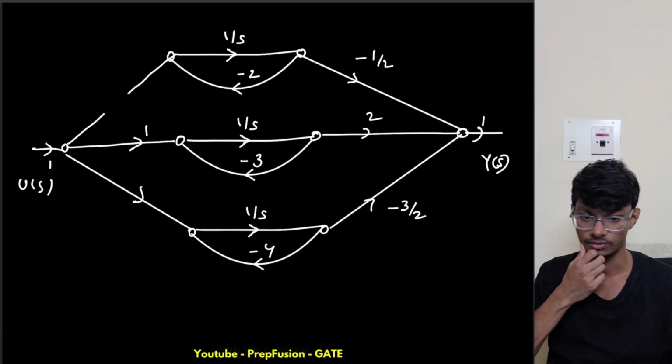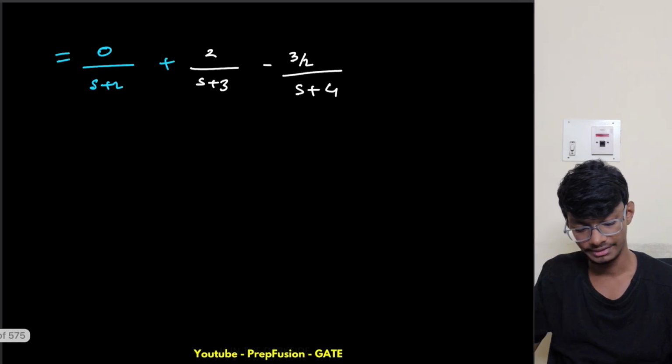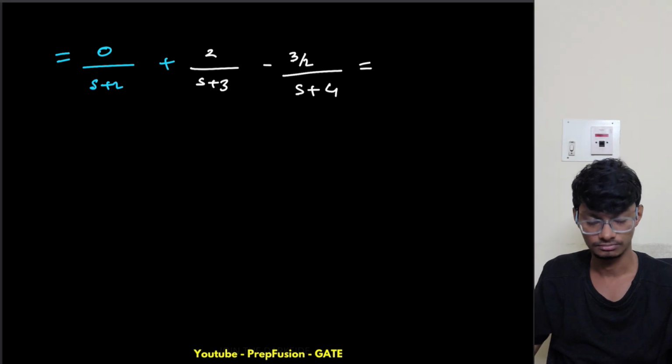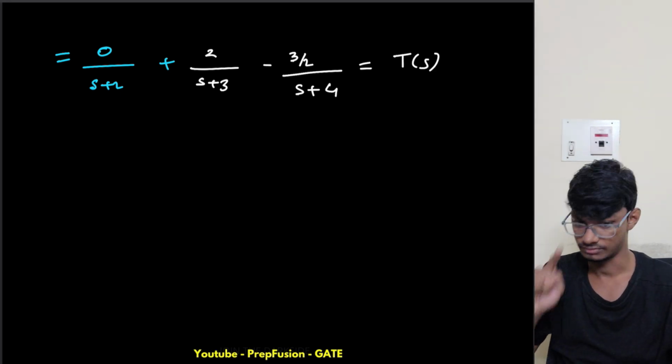So this is basically my transfer function. You can check for the SFG using Mason again, you will get this transfer function only.